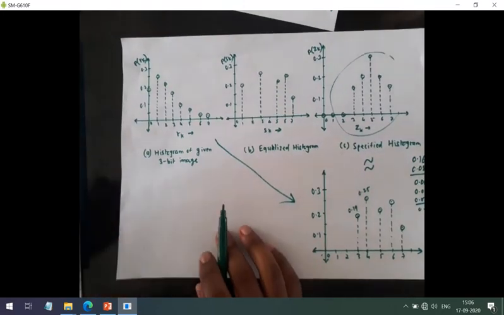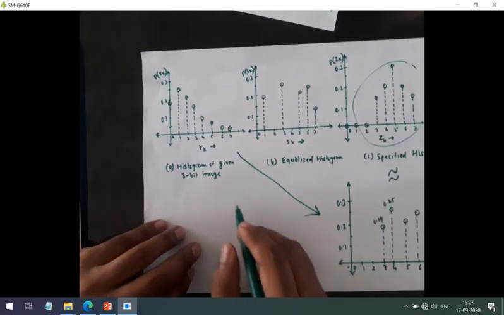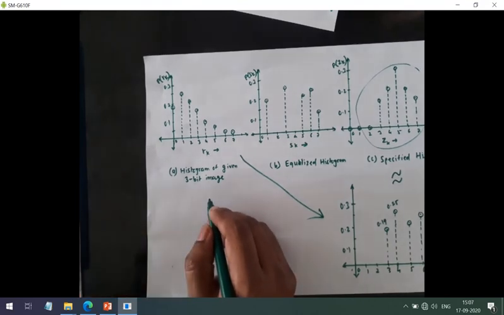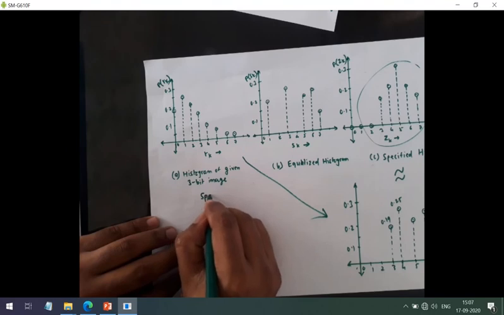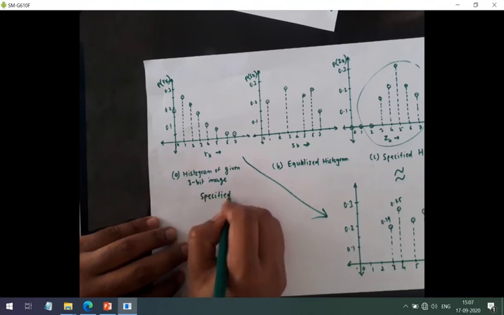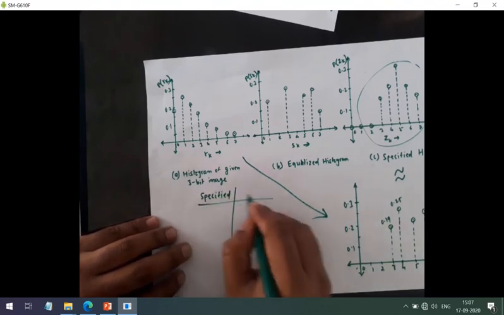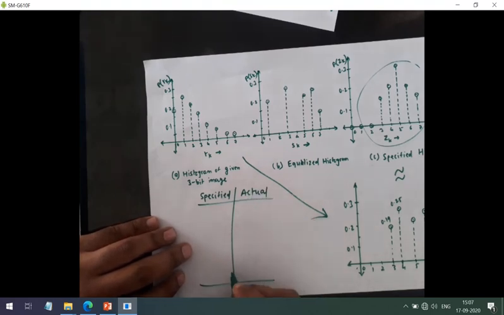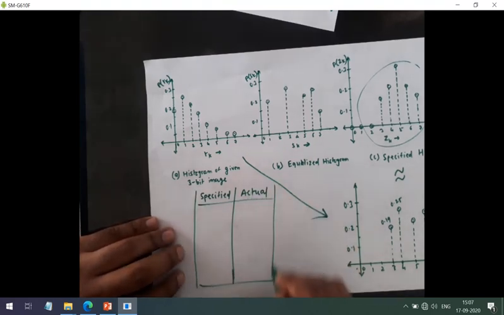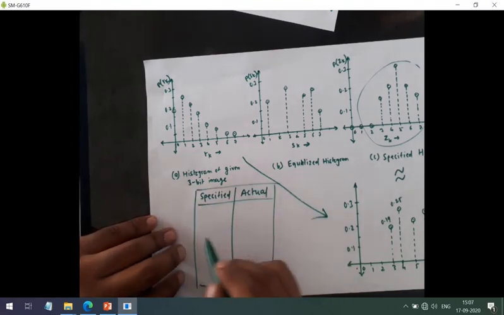Now if I write here specified value and the actual value, you can see how we have obtained the specified values.